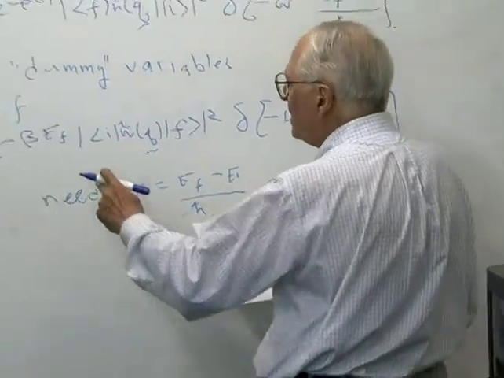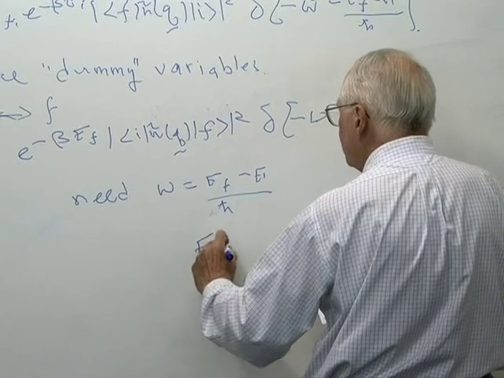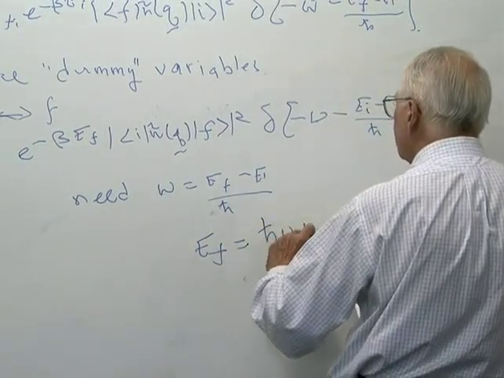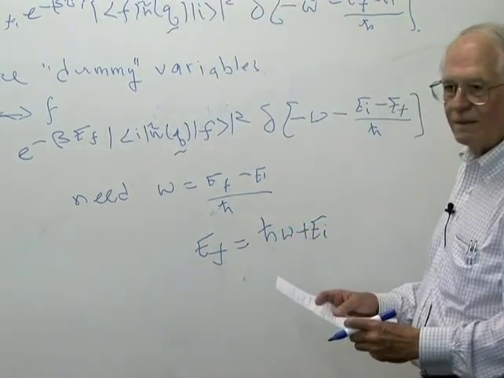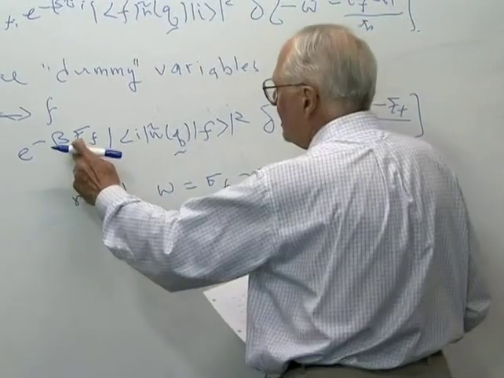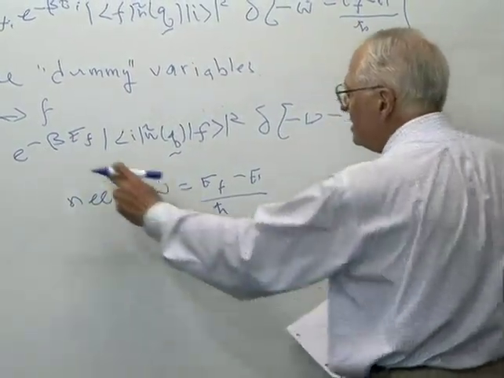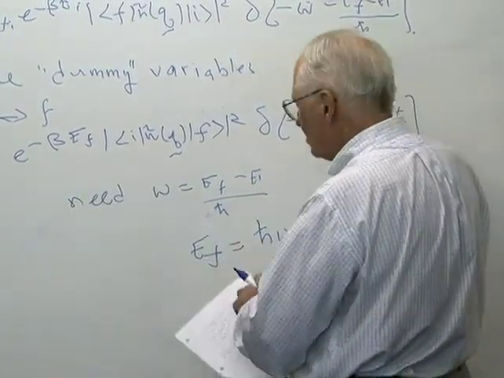And so I can replace this, so EF is H bar omega plus EI, okay? And so I can write e to the minus beta EF as e to the minus beta H bar omega times e to the minus beta EI.